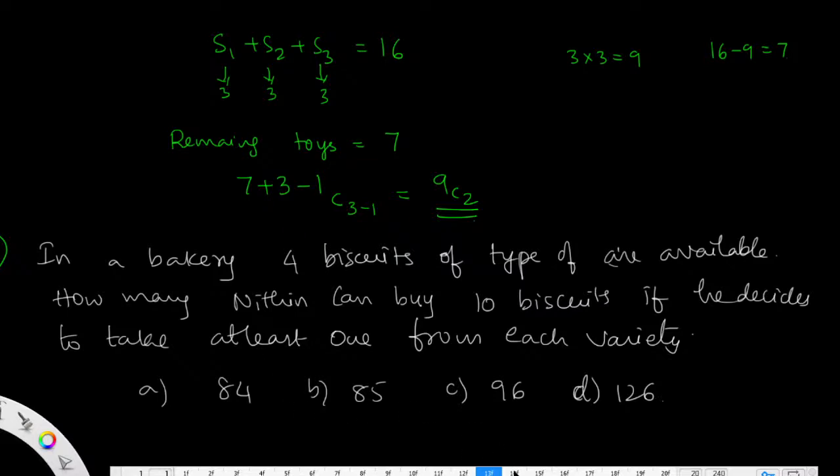So total things are here 4 types of biscuits. Total things are 10, and the number of persons are only 4 types of biscuits. Now how many biscuits can be taken at least one each of the variety? So that is B1 plus B2 plus B3 plus B4 equal to total value 10.